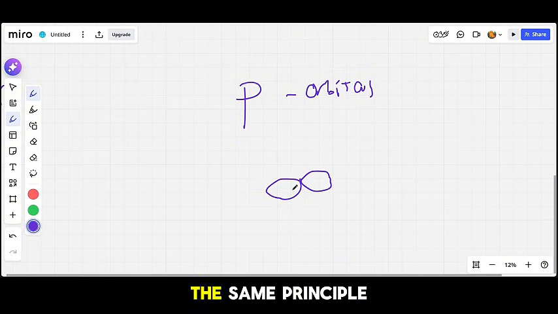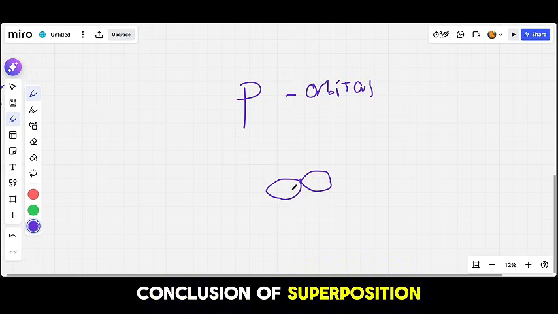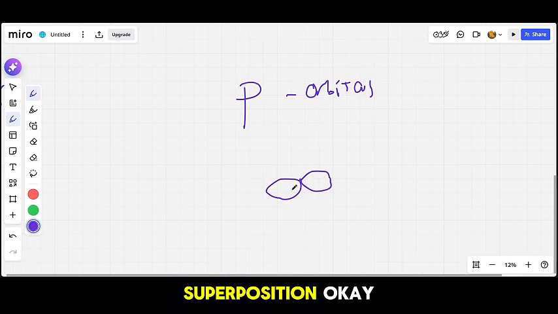And that's basically the same principle that applies to atomic particles. You never know where an atomic particle might be. So you can have this conclusion of superposition. So what is superposition? If you watch my other video on superposition in waves, the same general principle applies.